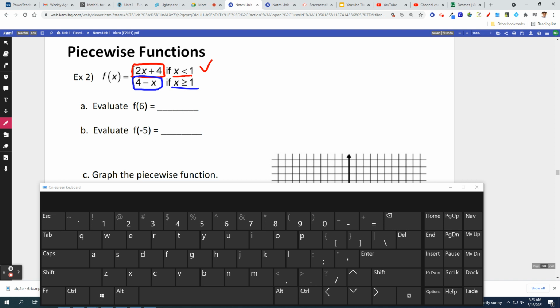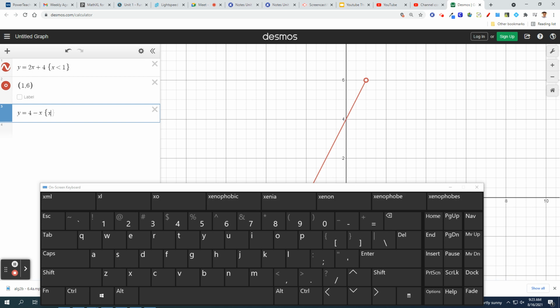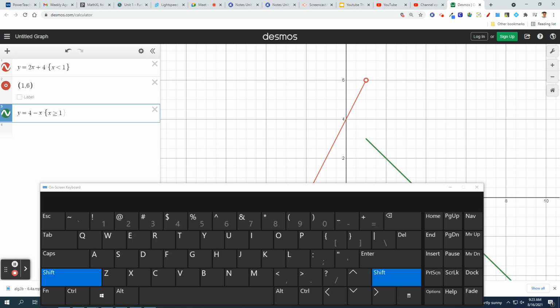So again, I'm going to do this thing where I restrict the domain. That's what it's called. We're going to restrict the domain. So space and squiggle, and we want x is, I think I can just type greater equal 1. Close squiggle.